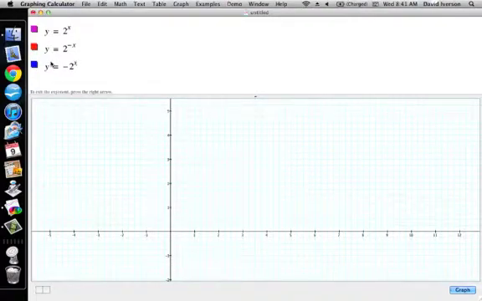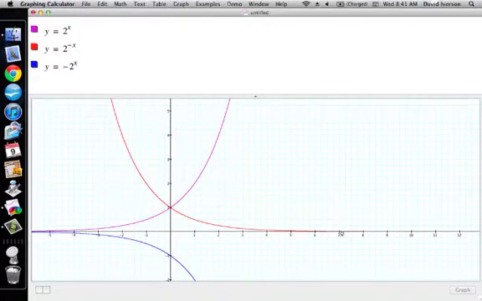What's my blue graph going to look like? So think about that for a second. What is my blue graph going to look like? If you said that it would be the purple graph reflected around the x-axis, you would be right.